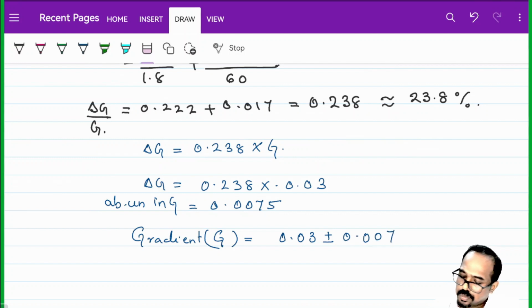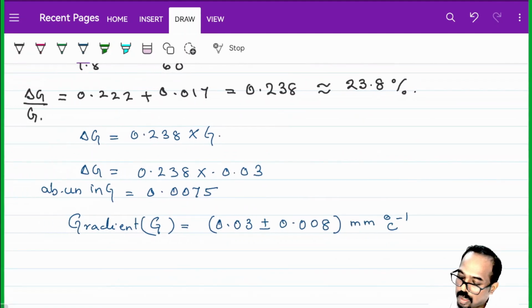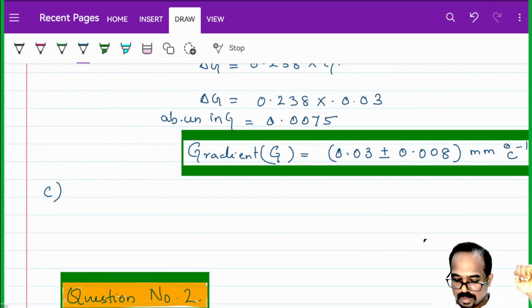You can round it off to 0.008. Okay, with the unit you need to mention. What is the unit here? Extension you have measured in mm and per degree Celsius, right? This is the unit, with the approximate percentage. If you are writing in percentage, 23.8 percent uncertainty. This is the representation of the quantity you have calculated, which is the gradient. So this is the second part. Next is the C part.